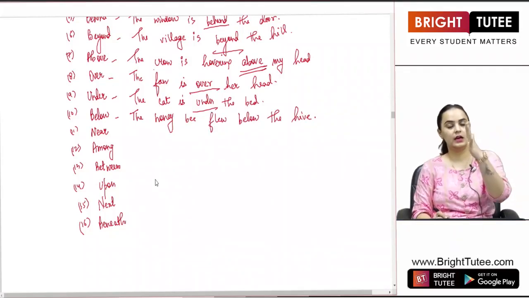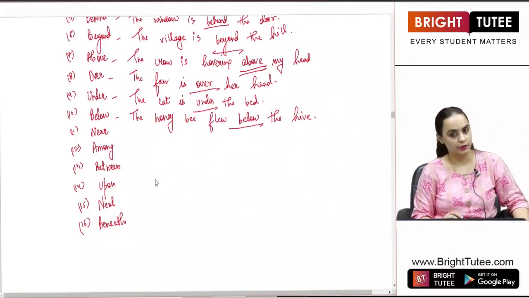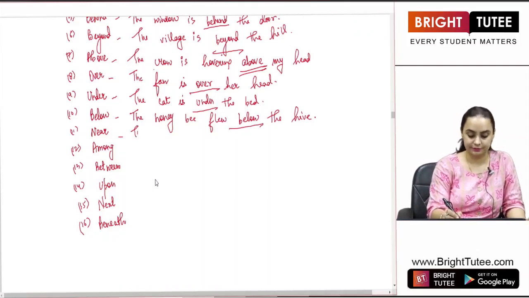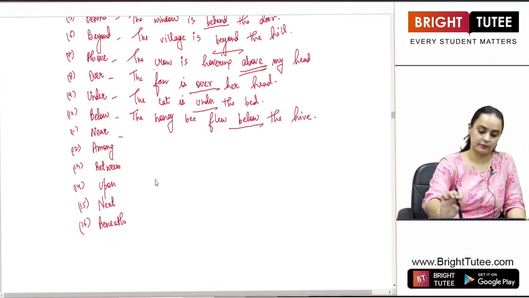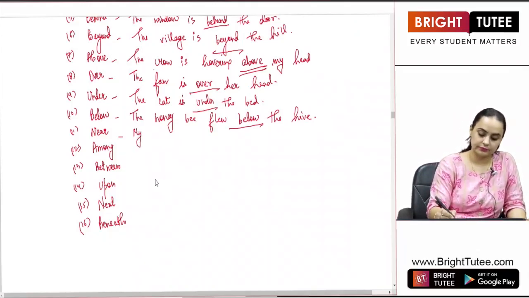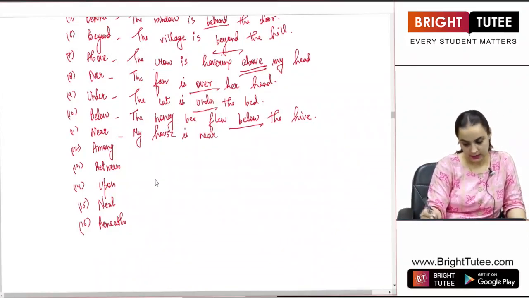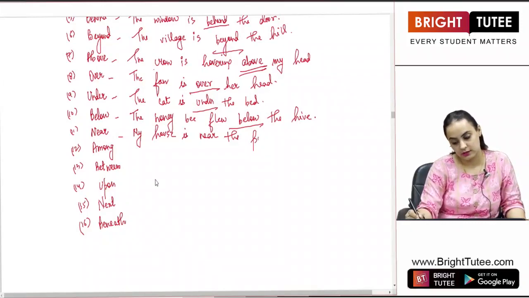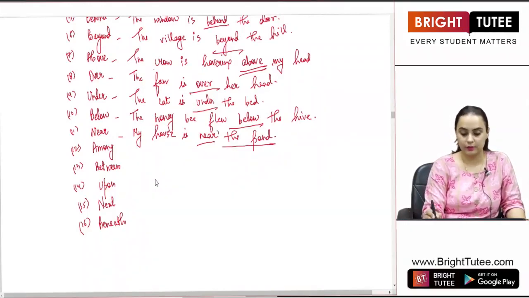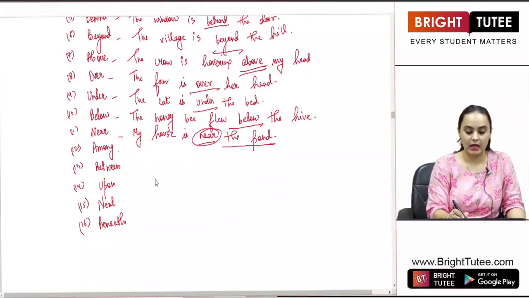So where did the honeybee fly? Below the hive. Near. My house is near the pond. So where is the house? Near the pond. So my place is near. Among.